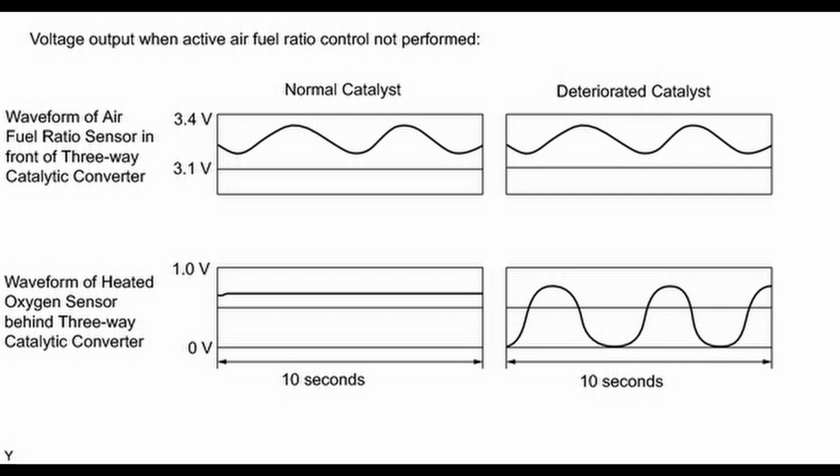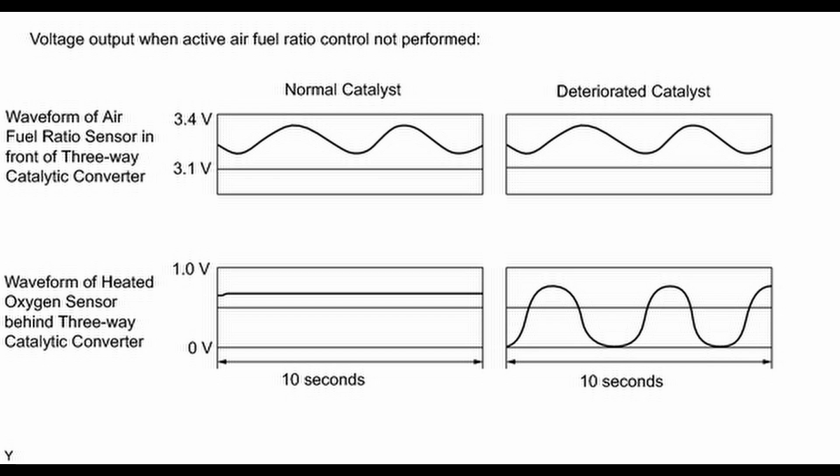But after it goes from open to closed loop mode, the feedback control is now controlled by the oxygen and air fuel sensors after the vehicle has warmed up. So when you are diagnosing this, make sure that the vehicle has fully warmed up and it's in closed loop mode.